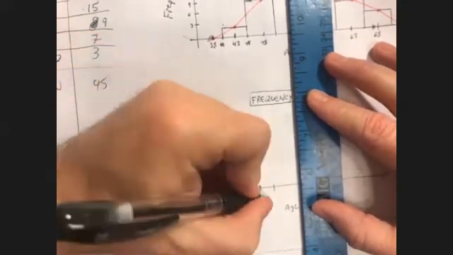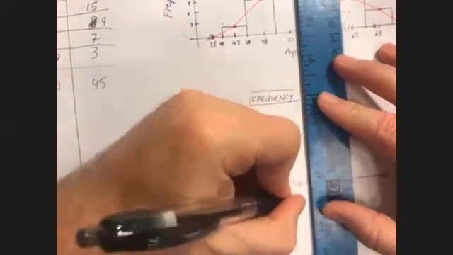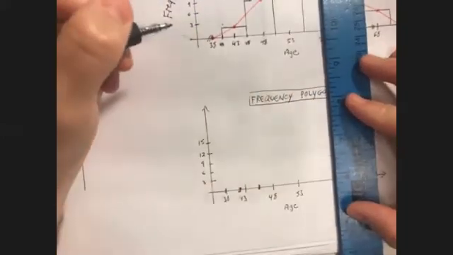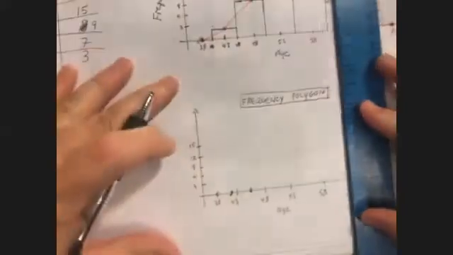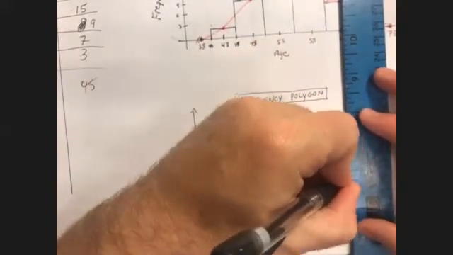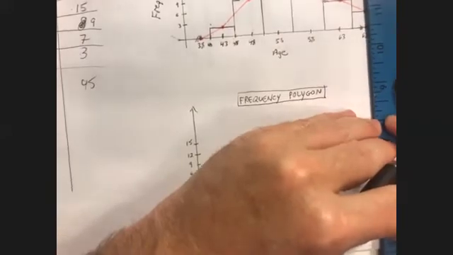So that one was 48. This one is 53. This one is 58. This one is 63. 68.